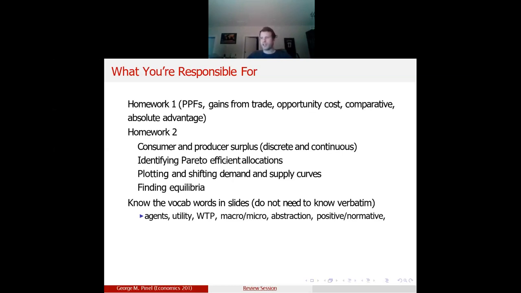One thing that I guess I don't mention here, which I guess I don't have a test on, but it's not in the test, but it is important. And I do talk about it a lot in lecture. So let's say this is hot dogs. Okay. And this is my utility from hot dogs.